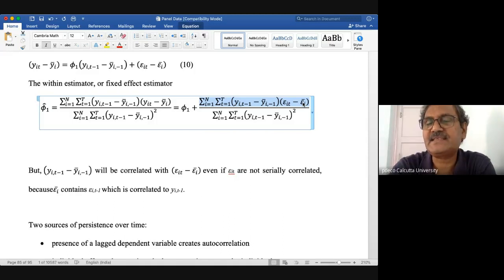So in this sum, you have taken all the previous values of epsilon. So within epsilon bar, there is a component of epsilon t minus 1, which is correlated with yt minus 1. For that reason, this second part will not be equal to 0.